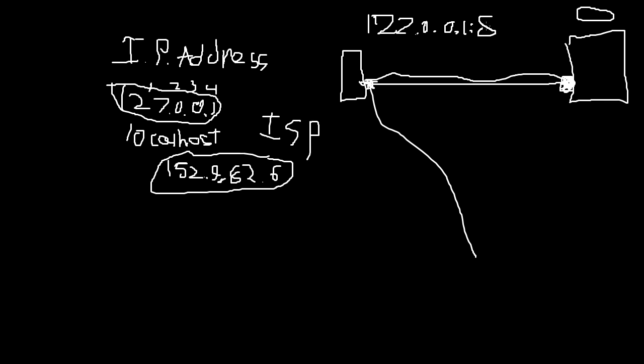So we could say port 80, which is the default because most websites use that. So it'll go to port 80 or whatever you tell it to connect to, maybe 8008.